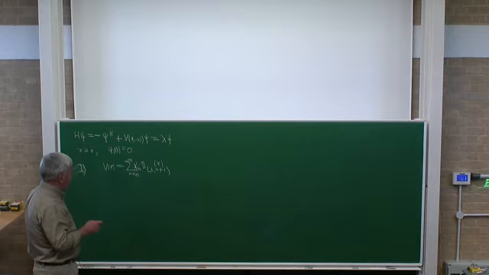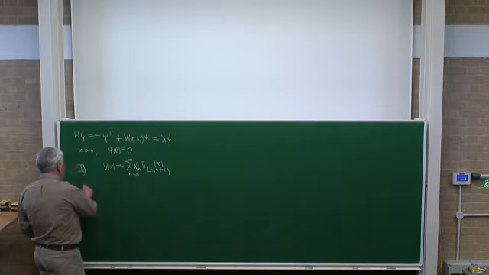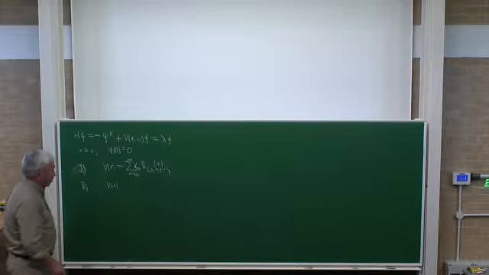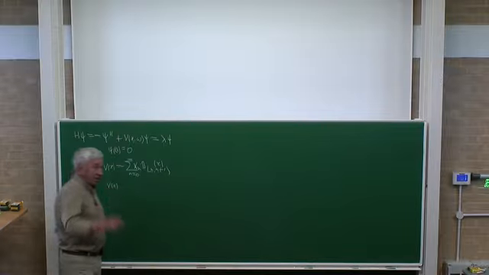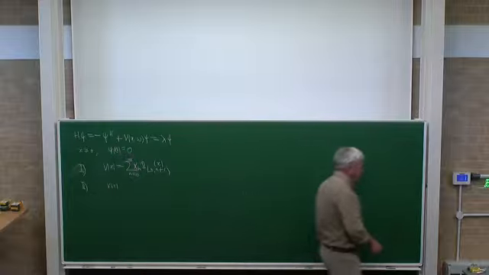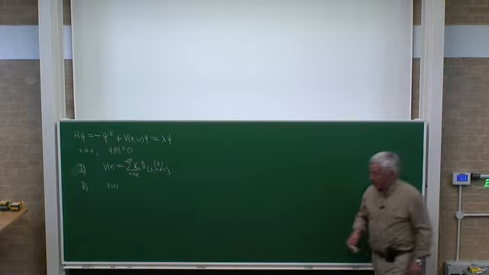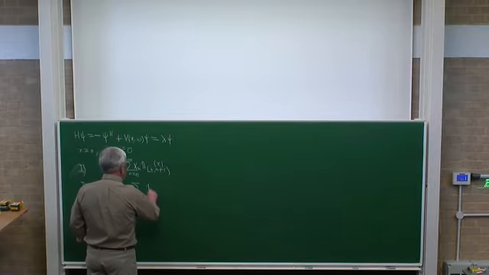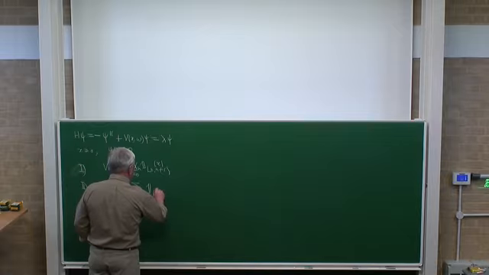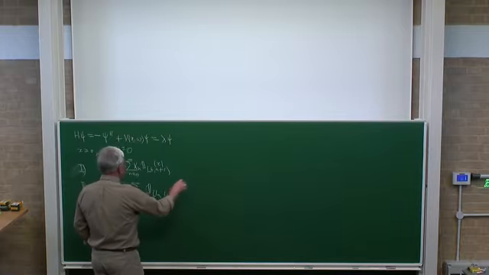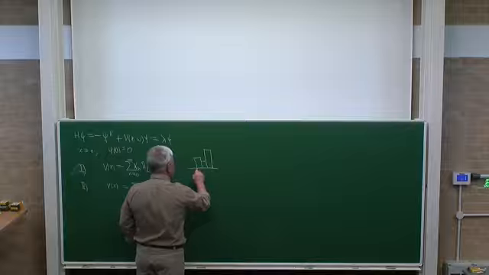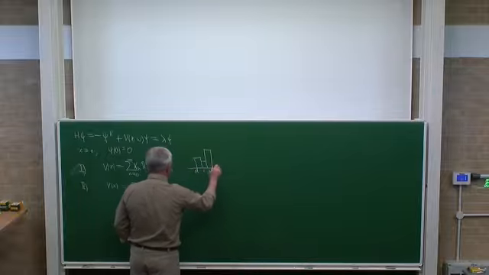This is model number one, and the second model will be when we have bumps of, for instance, unit height, but between bumps we have very long gaps. So v of x is the indicator of the interval between Ln and Ln plus 1, something like this: 0, 1, 2, 3, and so on.